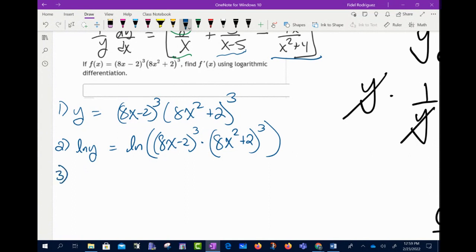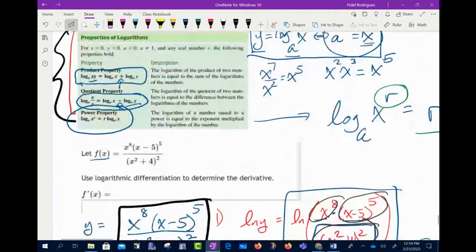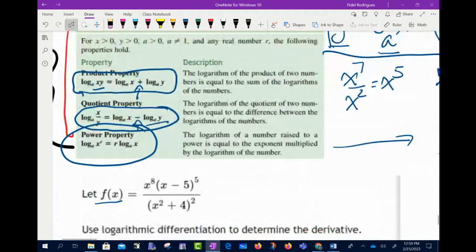Step three, y'all, we're going to expand this piece. So the left isn't going to change. It's still going to stay ln of y equals. Remember, using those properties of logarithms, I put the properties of logarithms up here, so I have them in your notes so that you can access them. The property that I'm going to use is that I'm taking the logarithm of a product, so I can write it as the sum of two different logarithms.